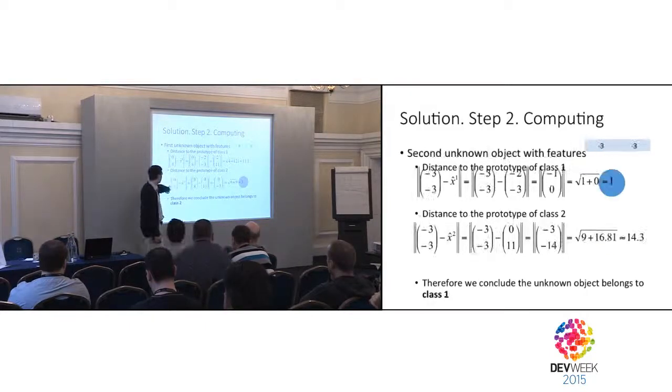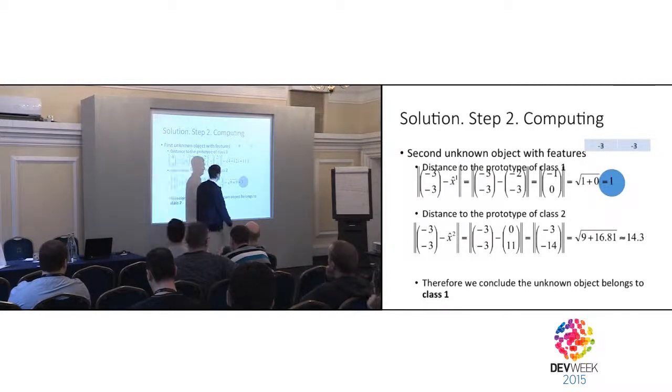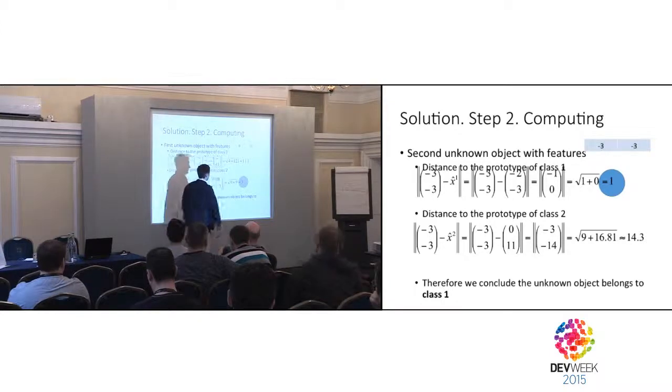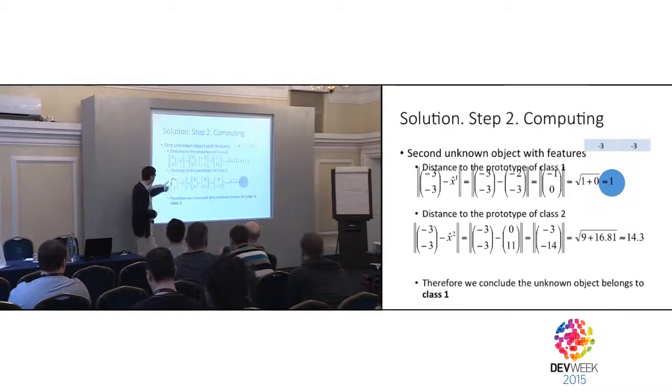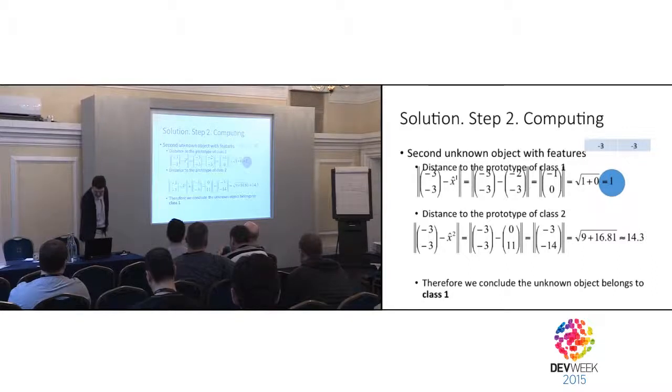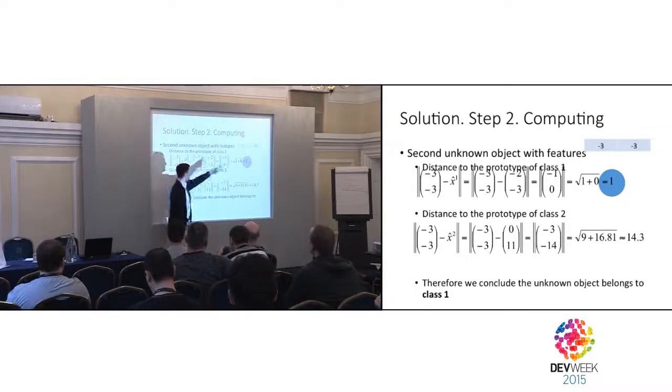And the Euclidean distance of this feature vector to the second prototype would be equal to 3. So 3 is less than 11, so this object with these features belongs to the second class. In the same way, we can classify another example and see that it belongs to class 1.